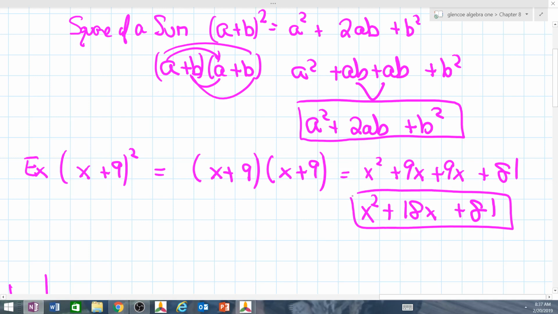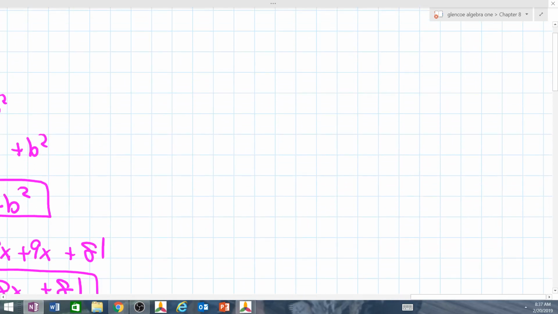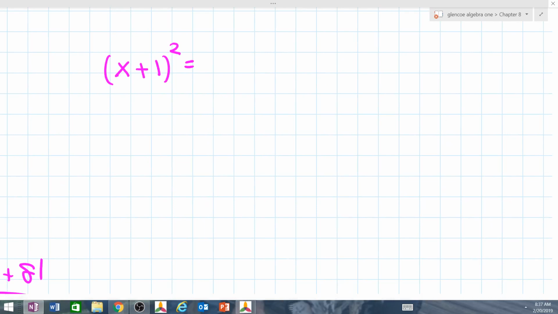Let's try this one. (X plus 1) quantity squared. Why doesn't everybody go ahead and do that real quickly?